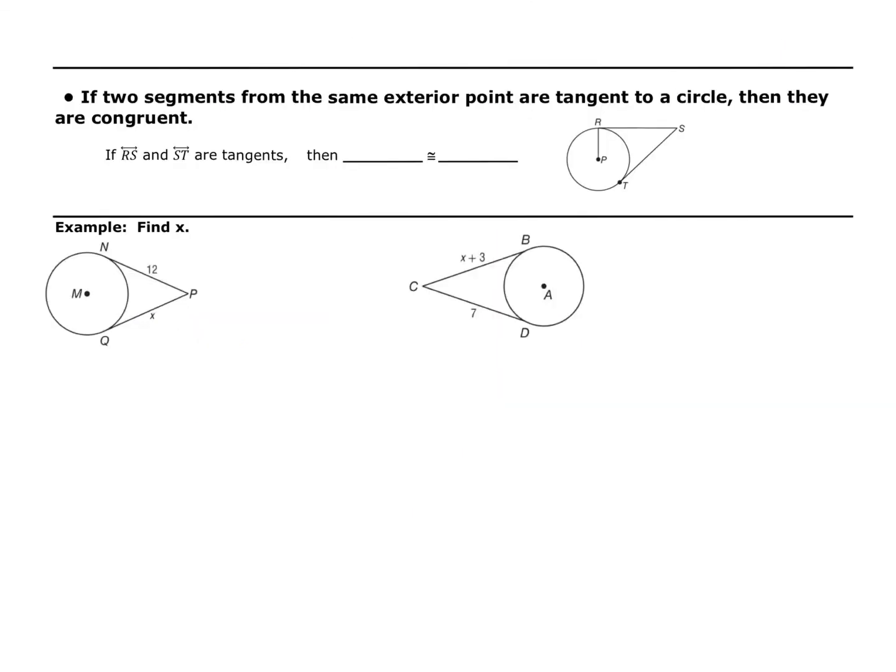Another property of the tangent is if two segments from the same exterior point are tangent to a circle, then they are congruent. So if lines RS and ST are tangents, then they intersect at this point S, and we know that segment RS is congruent to segment ST. So these are congruent.